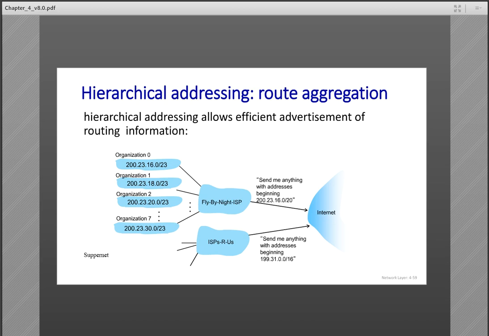Subnet and supernet. Supernet or supernetting. So if I divide a space into some smaller spaces, I'm doing subnetting, and in reverse, if I join some subnets, some small ranges into a bigger range, I'm doing supernetting.